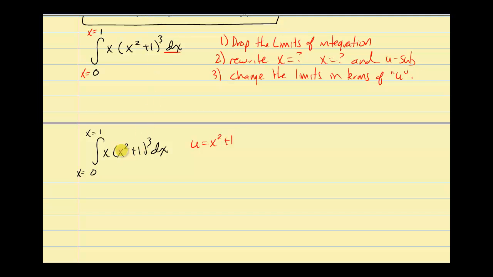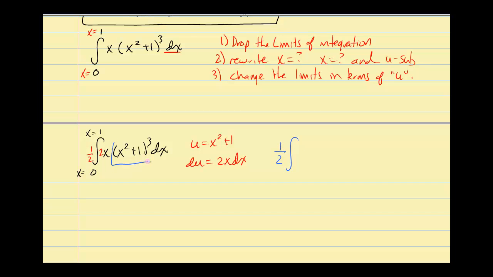Highest power is x squared. Du then is going to be 2x dx. I have the x, which is grand because I have to have the variable component. I need the 2, so I multiply by 2 on the inside, compensate with the 1/2 on the outside, and I rewrite this. So when I rewrite, I get 1/2 integral.